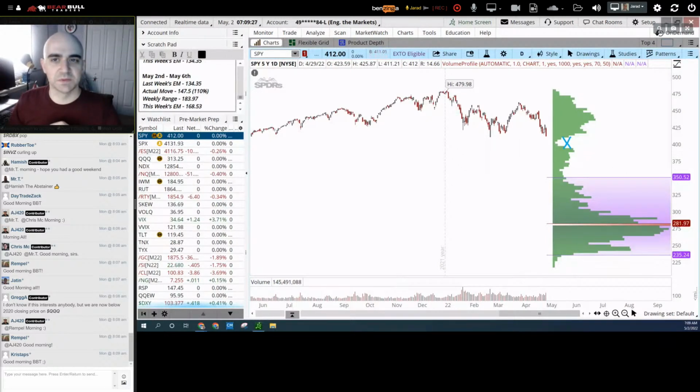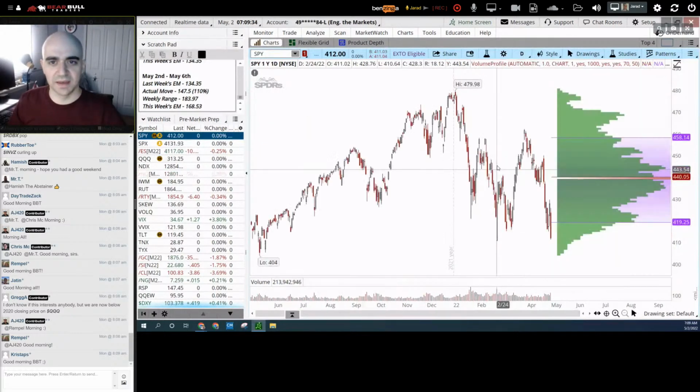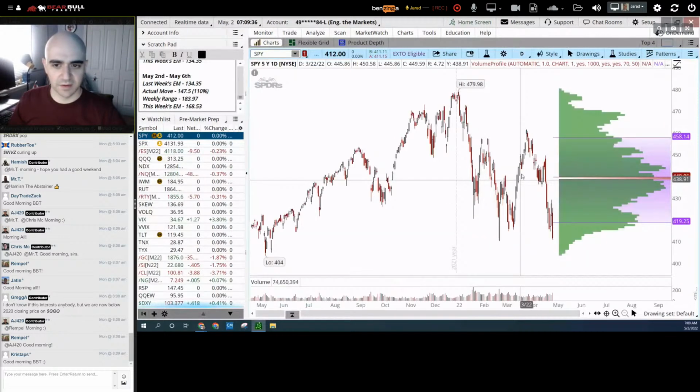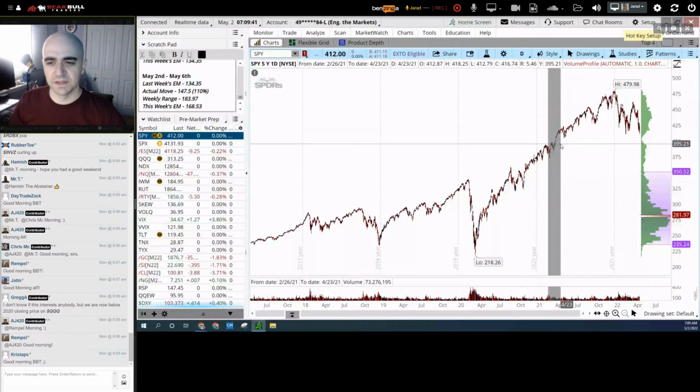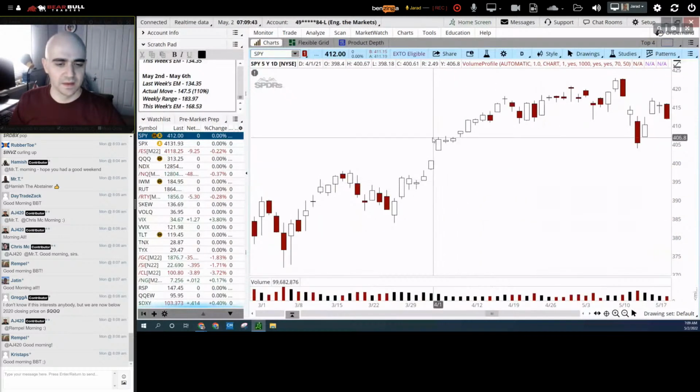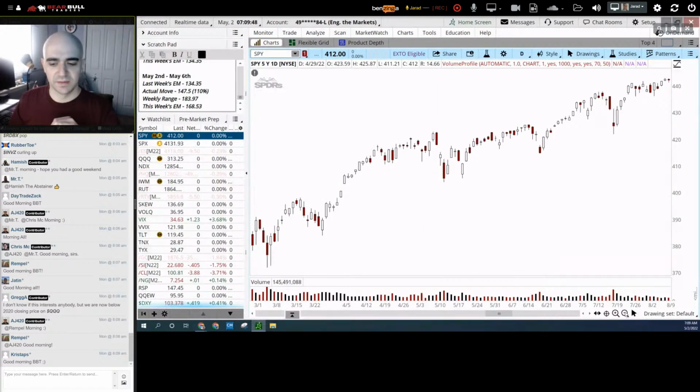And what you'll notice is as we look out in time, we start to see that this is actually a significant rally zone for the S&P. Zoom into this area right here. And you'll see that the S&P was breaking out in this time frame.